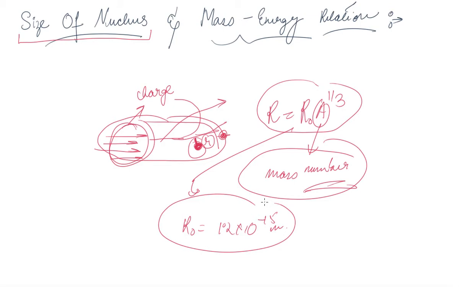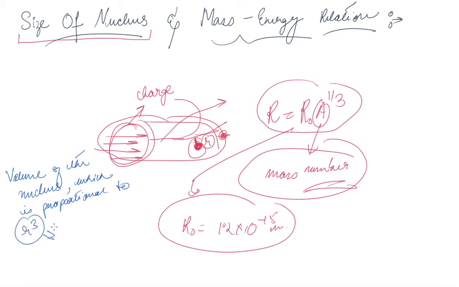So what does this mean? This means that the volume of the nucleus, which is proportional to r cube, is proportional to A. The volume of the nucleus is proportional to r cube.